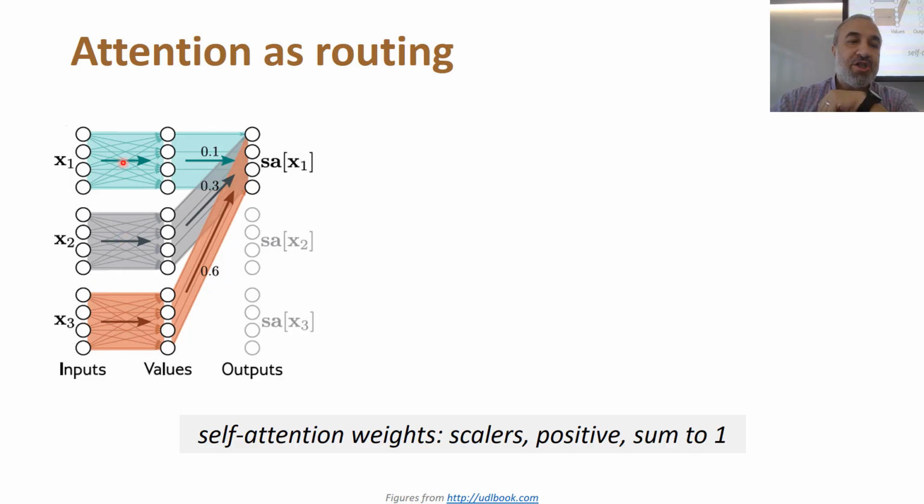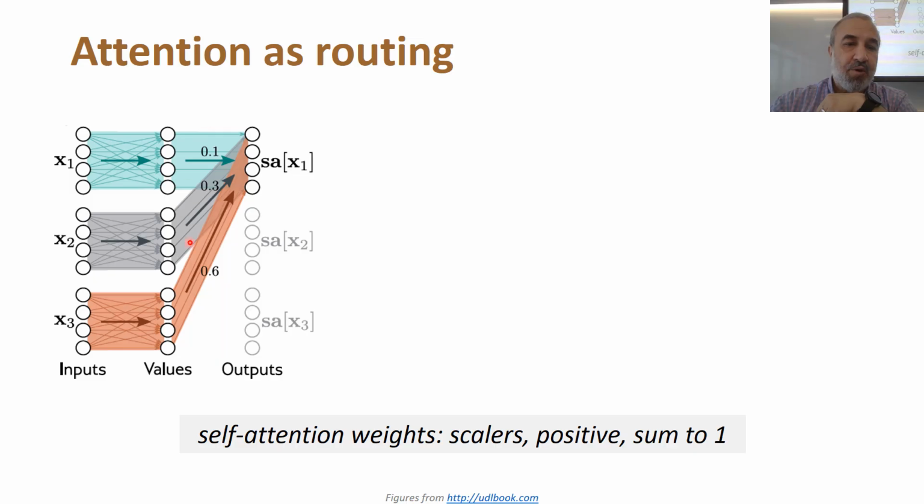Here, the connections are not full, so we have connections between the embedding vector of x1 and the value vector of x1, separate from the input vector of x2 and the value vector of x2, and so on. And it's not only that we have connections only within the same word, but these connections, which are the weights, are actually shared. So they are the same across the different words.